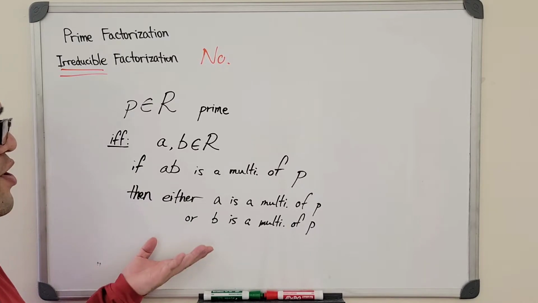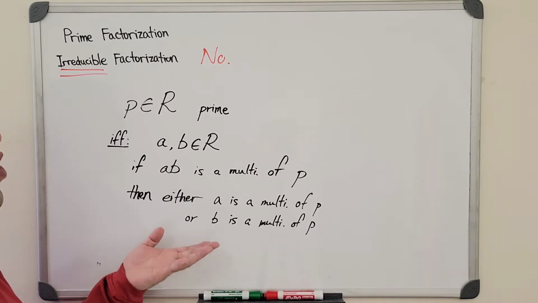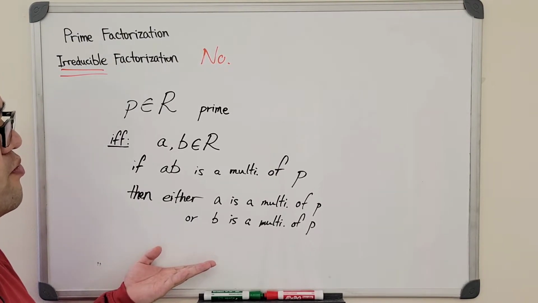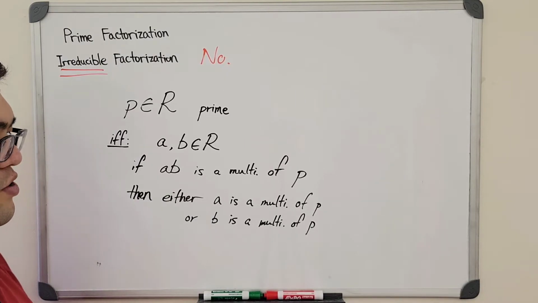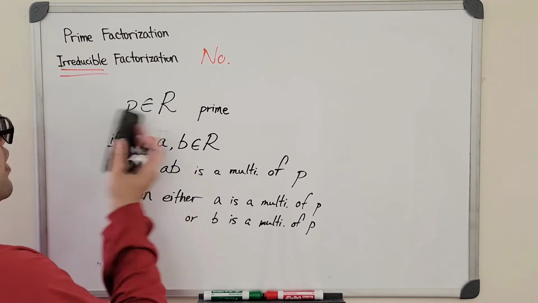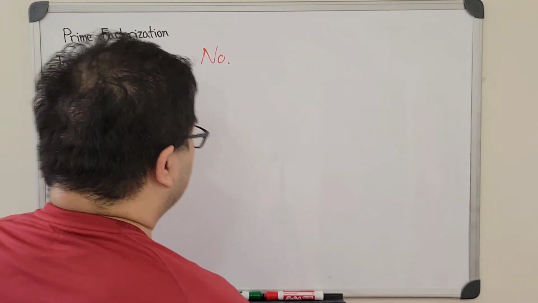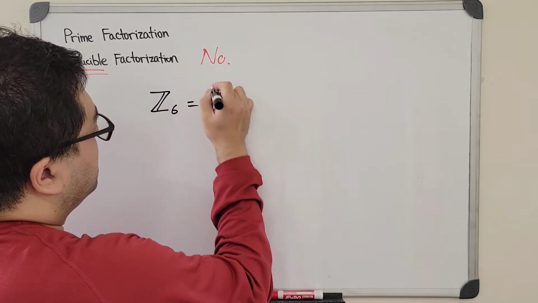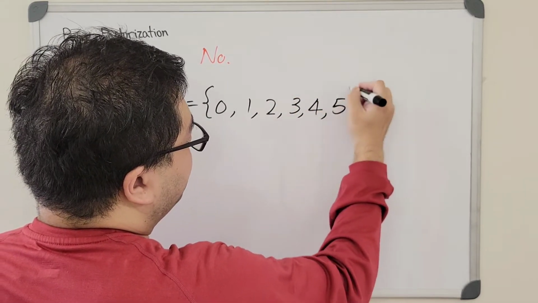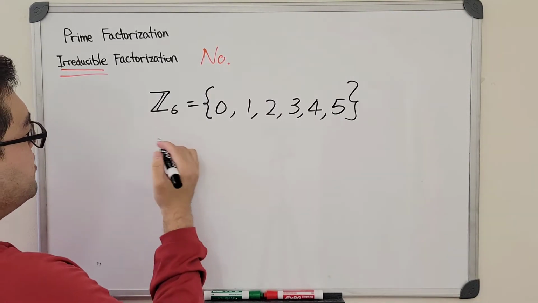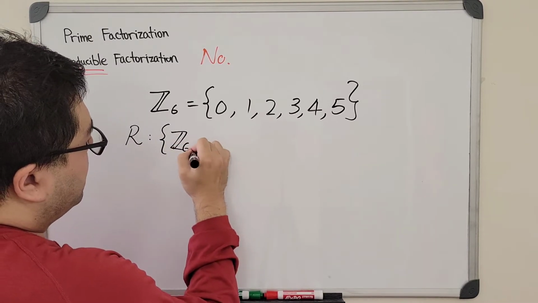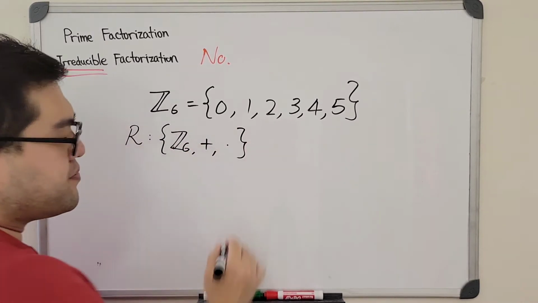It is pretty much the same idea, but now instead of talking about just positive integers, we'll move on and try to bring it to other concepts, such as, again, the same example in Z6. Z6 contains the 6 elements 0, 1, 2, 3, 4, and 5. If we consider it as a ring, then we will have the regular addition and the regular multiplication here.